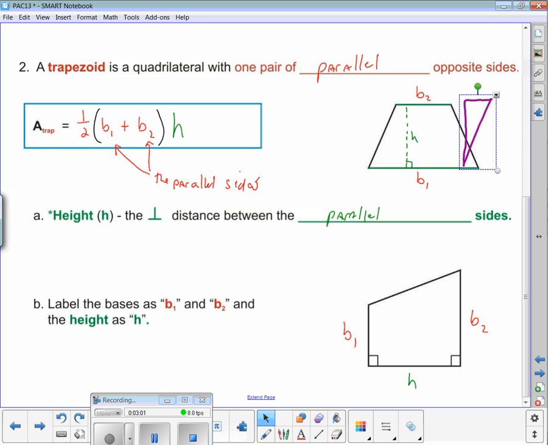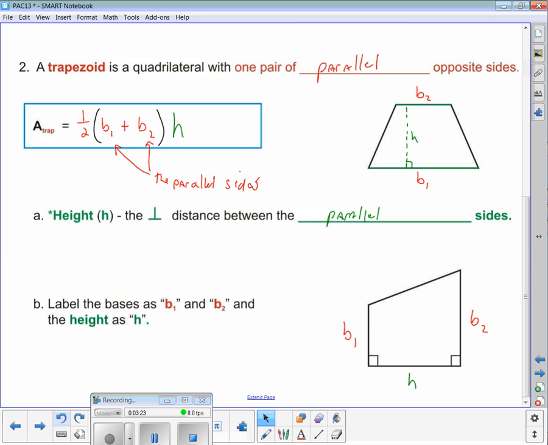If I take this and spin it, I've got to rotate, all right, can't do it in this program. If I was in Corel, I could do it because it would make it flip up. But anyhow, you've got to add the two bases up, take 1/2 of it, and then times the height.